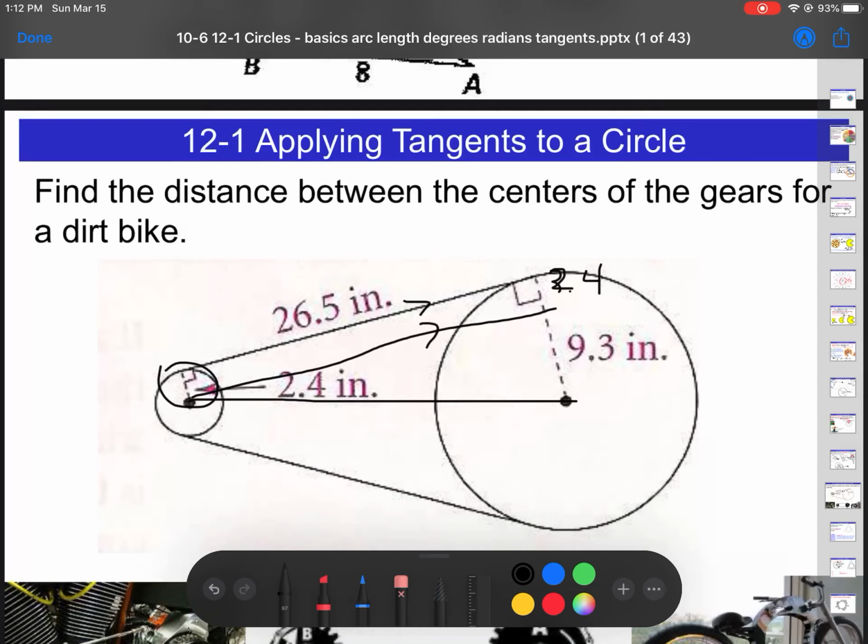And then we can figure out, so that's a right angle. So then we can subtract that to get 6.9 for this length here. And then that is the same length. So then we can solve for the hypotenuse here.